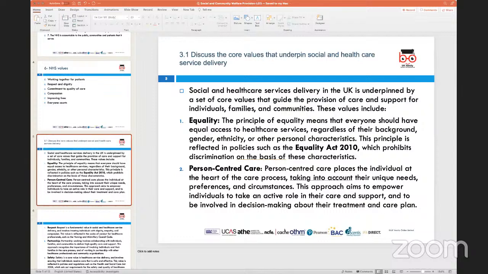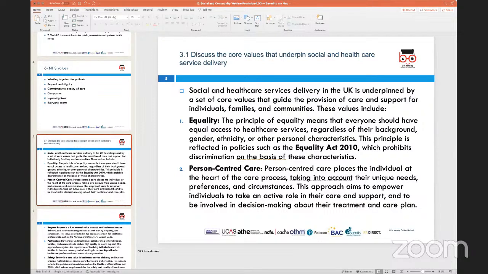When we talk about values of respect and dignity, or compassion and everyone being treated the same way, we can relate it to the Equalities Act of 2010. The Equalities Act of 2010 says that everyone should get equal access to healthcare services, regardless of their background, gender, ethnicity, religion, belief, or any sort of personal characteristics.